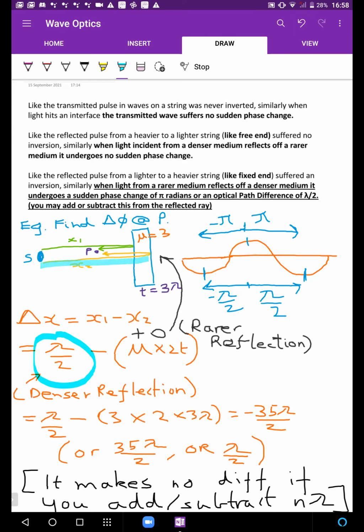On the other hand, this guy reflected off a rarer medium over there, which did not make it walk any extra path difference reflection के कारण.